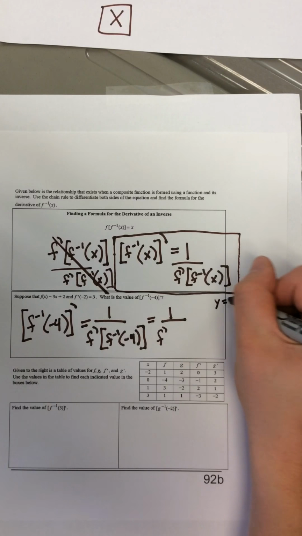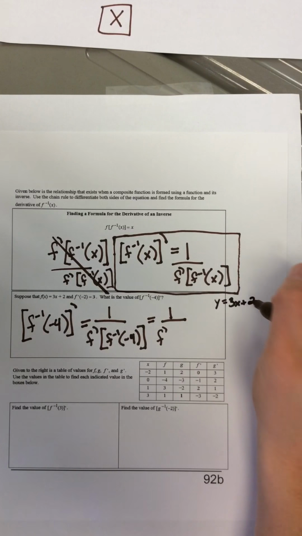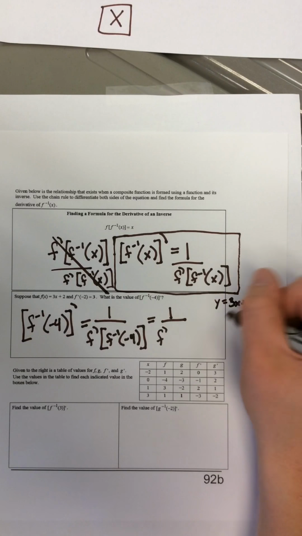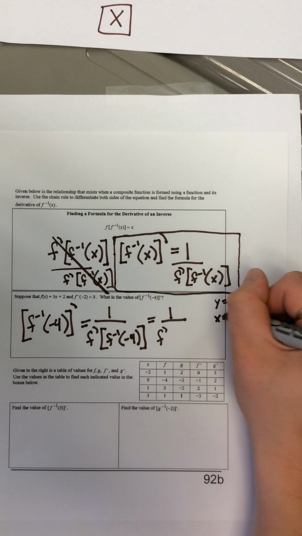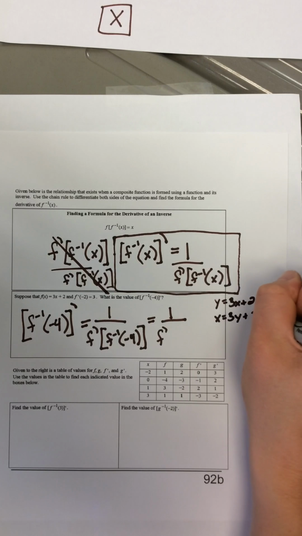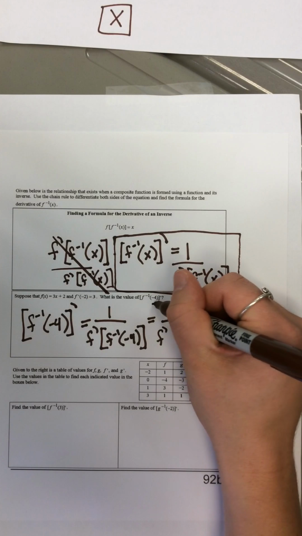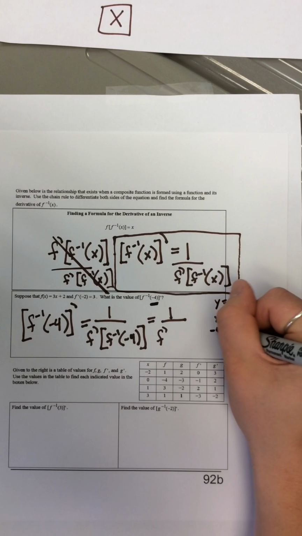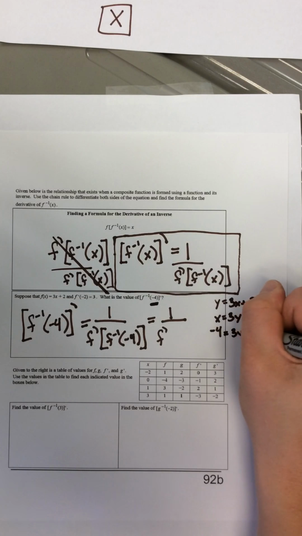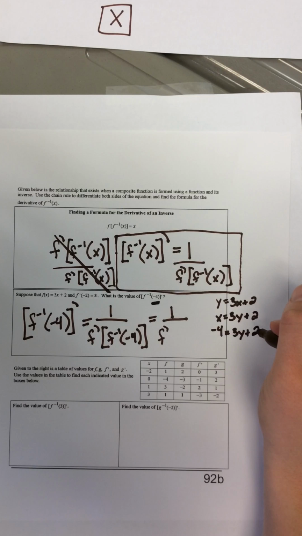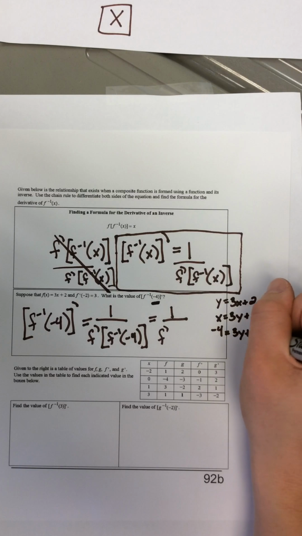So if I had y is equal to 3x plus 2, if we're talking about the inverse, remember how the x and y switch? So if I'm putting this x value in, negative 4 is equal to 3y plus 2, right? Do you remember this? What I'm actually trying to find is this guy.